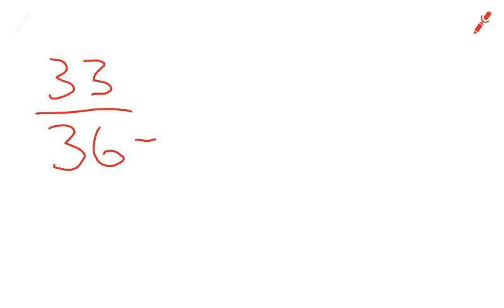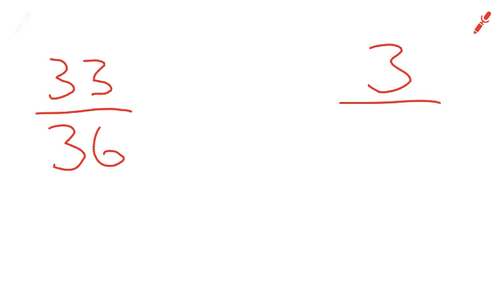Let's do this one here. 3 plus 6, and that gives us 9. Does 3 go into 9 evenly? Yes. So we know that 3 goes into both 33 and 36. So in your blank over to the side, you need to put 3.